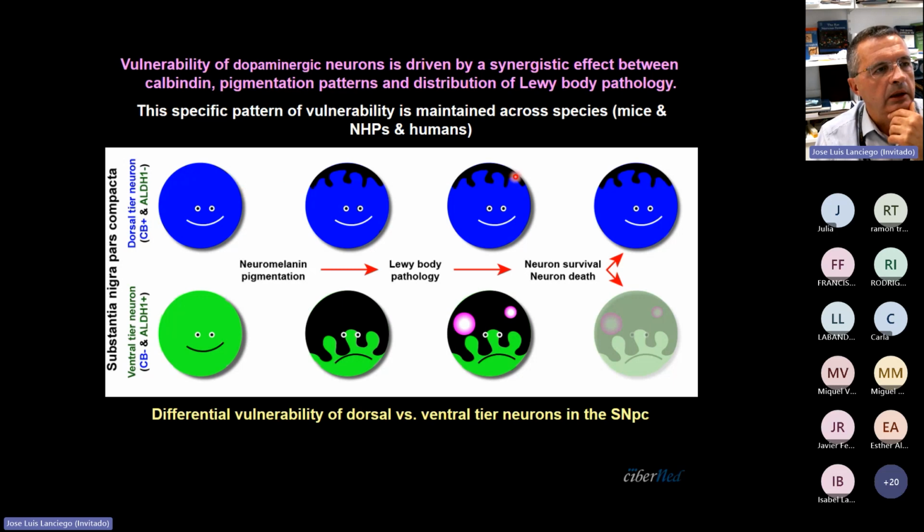And because of this low level of pigmentation, the neurons remain alive and are much more resistant to degeneration. You go to neurons in the ventral tier, these neurons are much more heavily pigmented. And because these neurons are above a given threshold of pigmentation, these are the only neurons with a chance to develop Lewy bodies. And because of this Lewy body pathology, in the end, these are going to be the neurons that are about to die.